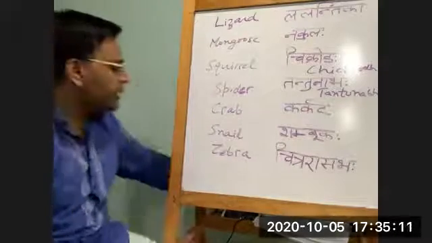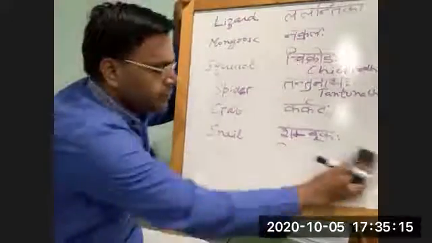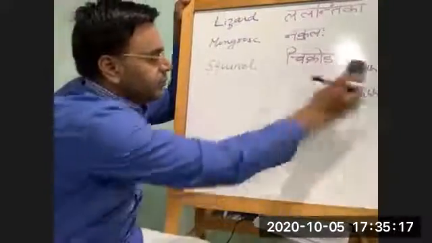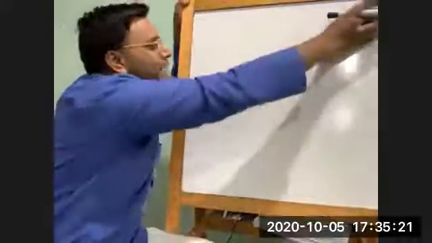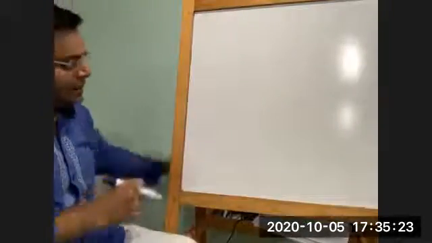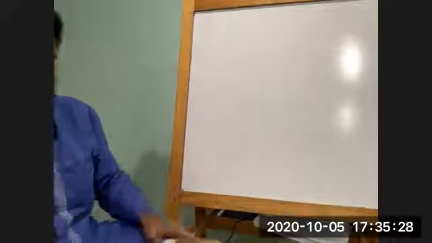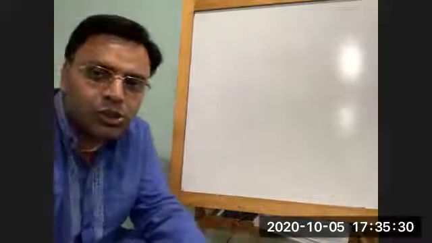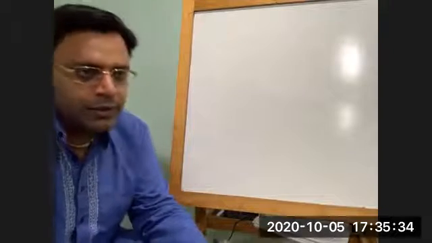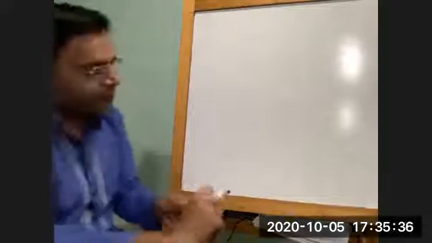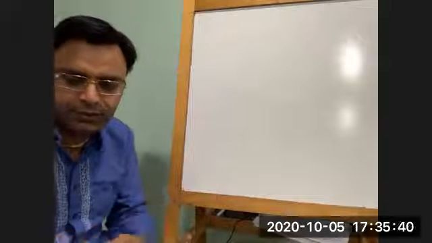All right. I'm going to erase this one and we're going to use some sentences now. You can try to remember as many of these Sanskrit terms for the animals as you can. At least try to remember the most common ones, which are very frequently used. If you cannot remember all of these, you can have it on a piece of paper for reference.